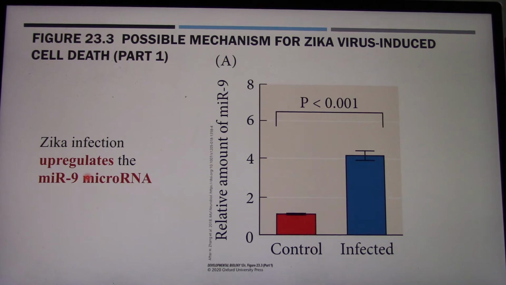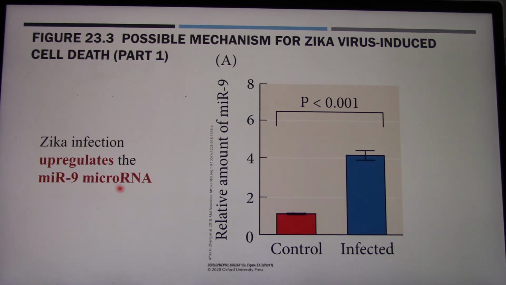Well, for those of you who took genetics, remember, we've got RNA interference. That's the cellular immune system. A virus comes in there, and that's going to activate your microRNAs or your immune system, and so forth. Usually that's siRNAs, but in this case, it looks like we're upregulating a microRNA.